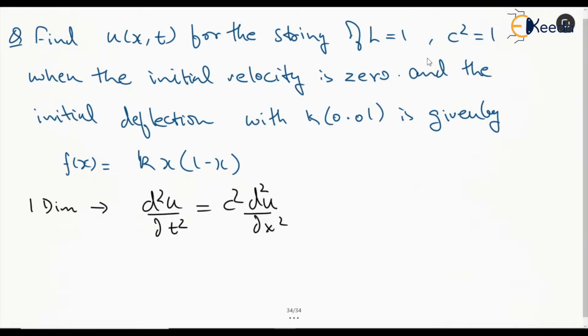And by the product method, this u(x,t) we are taking as f of x into T of t.